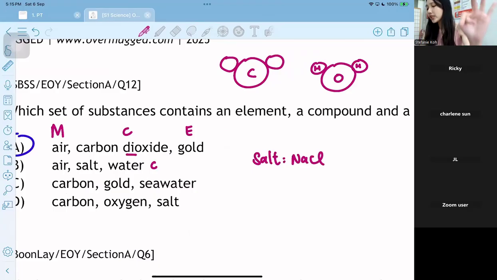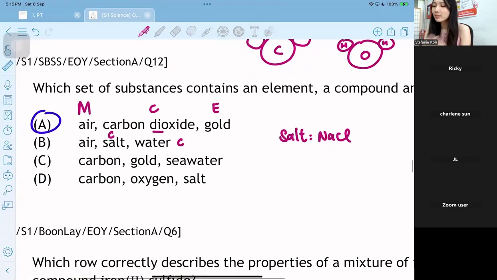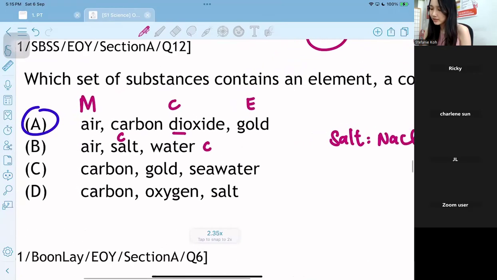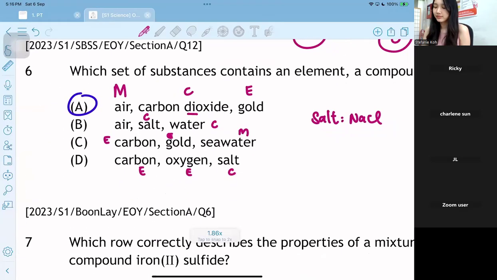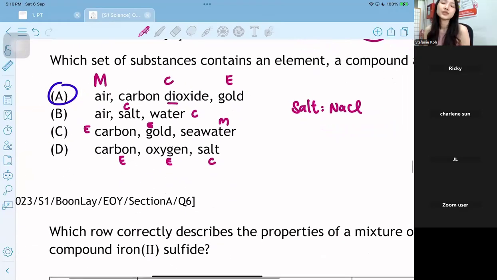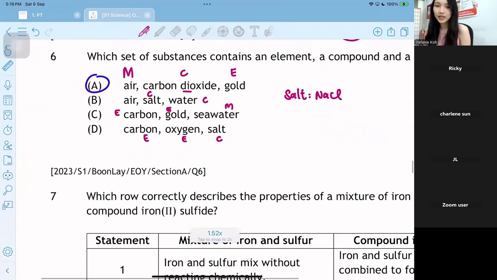Sodium and chlorine joined together. Compound. No element in option B, so out. Next, element, element, mixture, element, element, compound. Okay, so just like that. Option A is our answer.